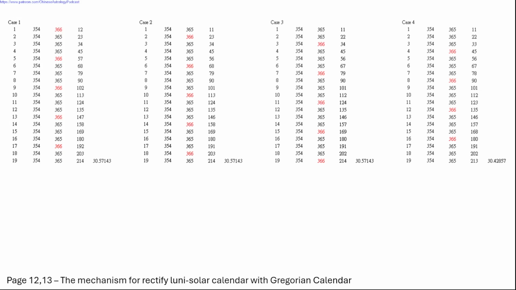And finally, we know every 90 years the lunisolar calendar, which uses 354 days, can align with the Western calendar, the Gregorian calendar, which is 365.25 days. The table shows 4 different cases, where the leap year could start at the first year, second year, third year, or the 4th year, symmetrically.